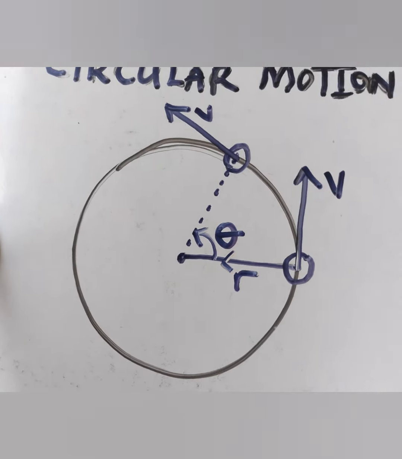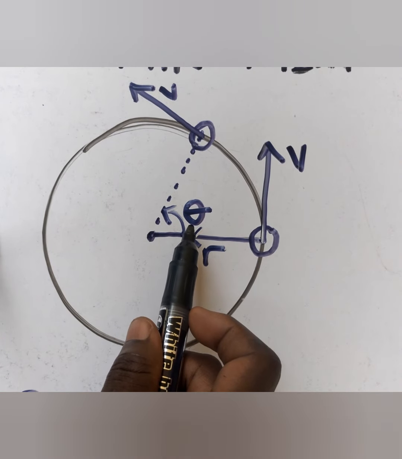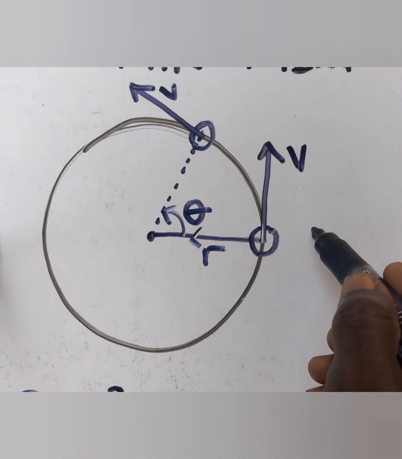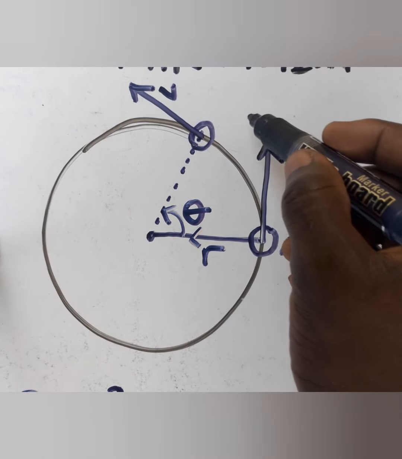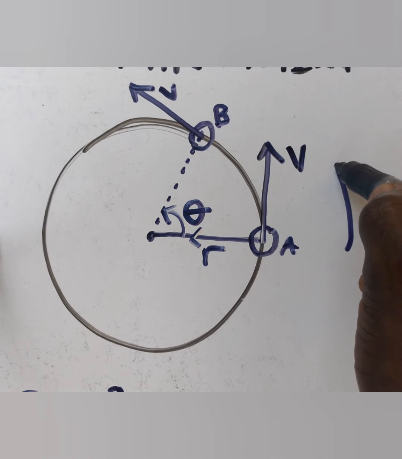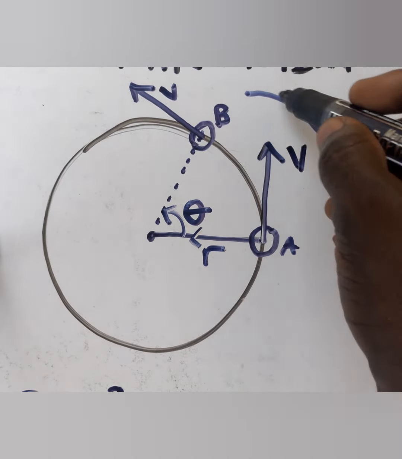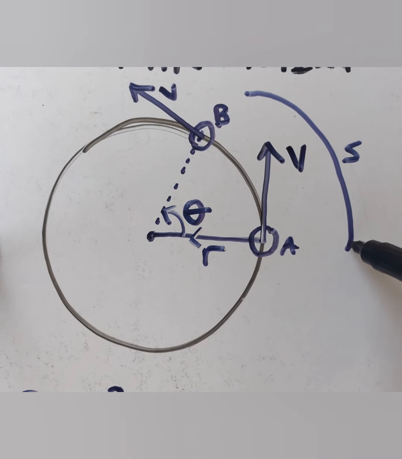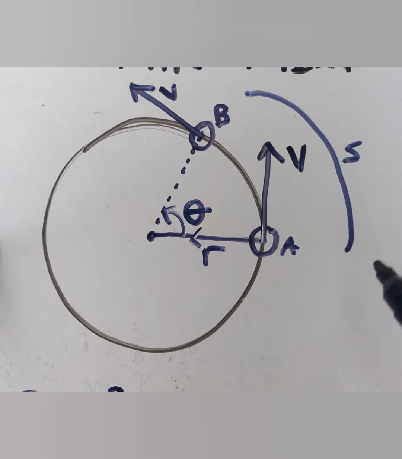The angle covered by the object that is performing circular motion, that is this angle, if it is so small, as the object moves from point A to point B, it's going to go through arc S.